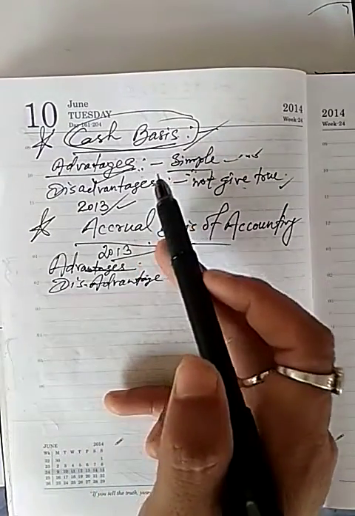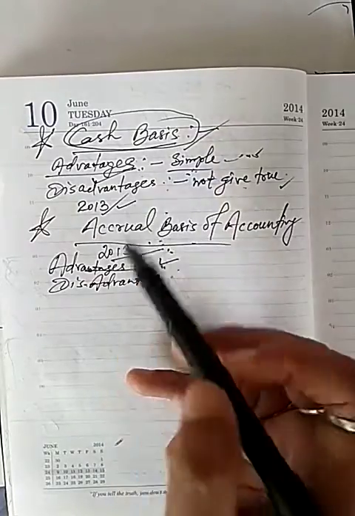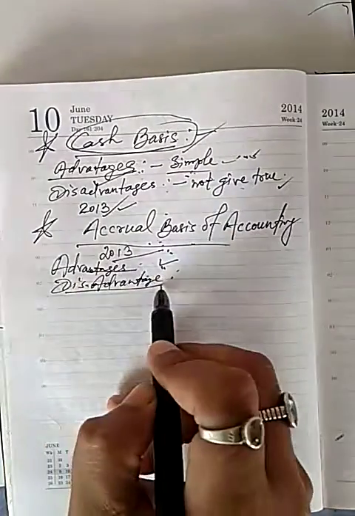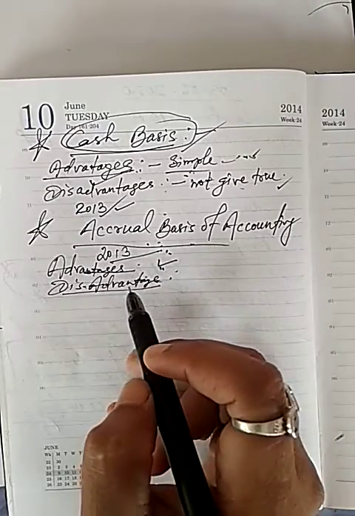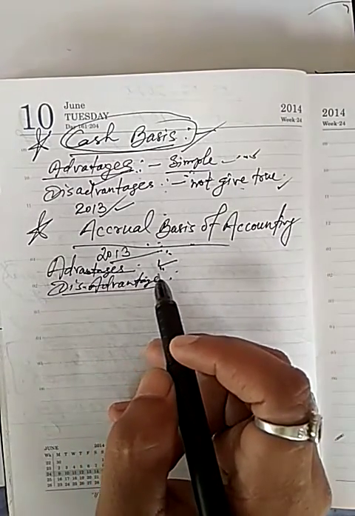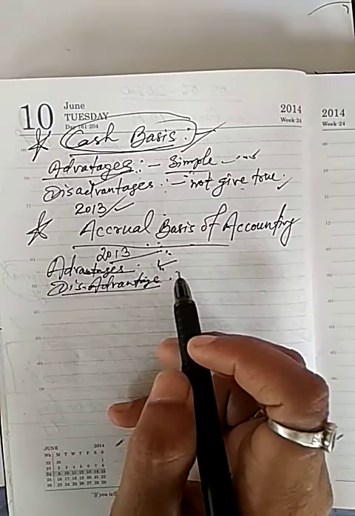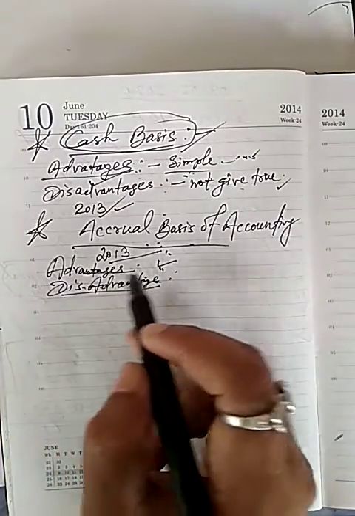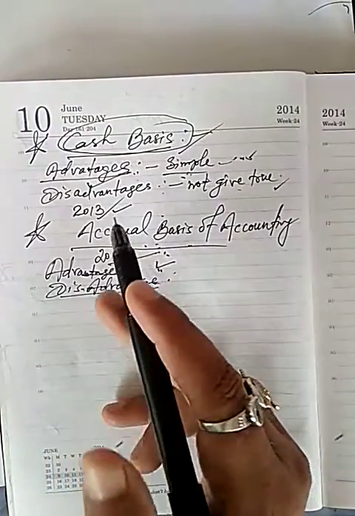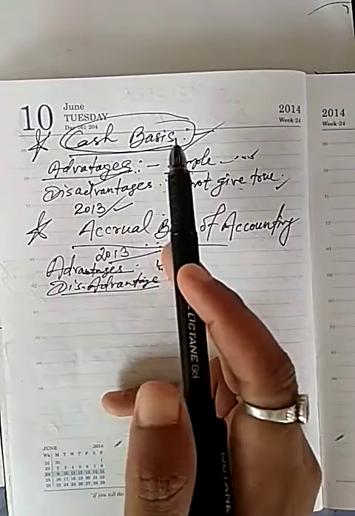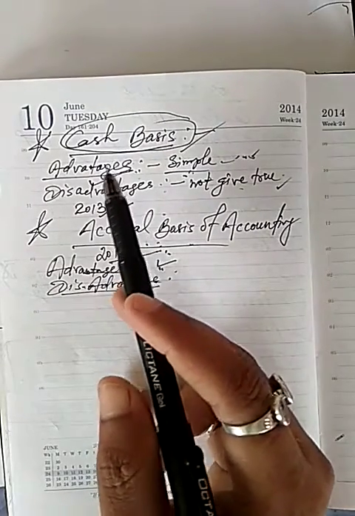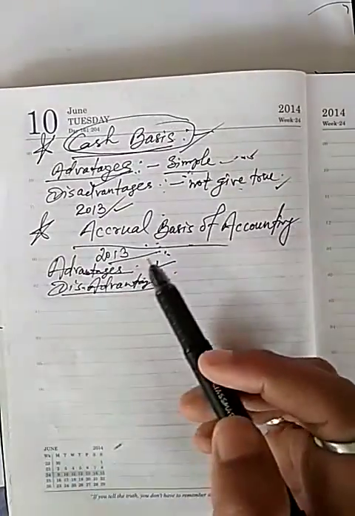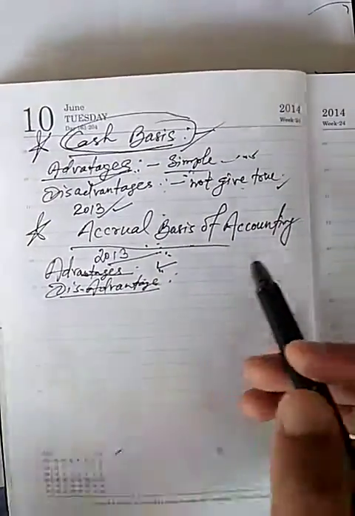Cash basis of accounting is very simple, but this is not. It requires the use of estimates and personal judgment also, but cash basis of accounting does not require personal judgment. So these are the disadvantages.